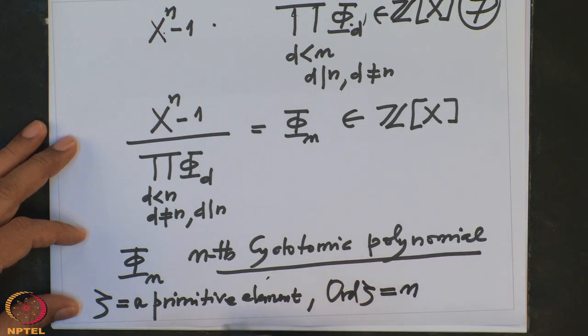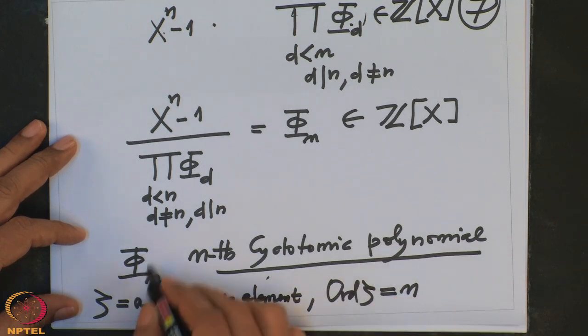Therefore x minus zeta is a factor of this phi n.